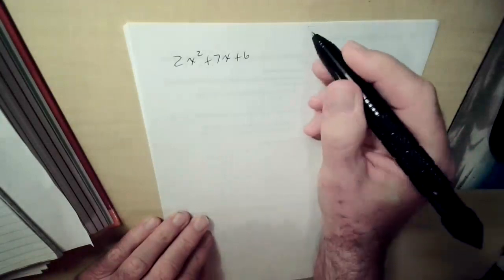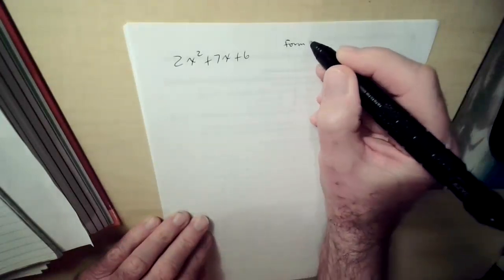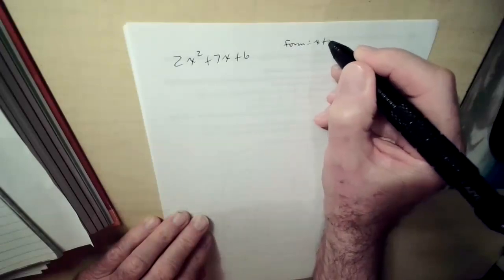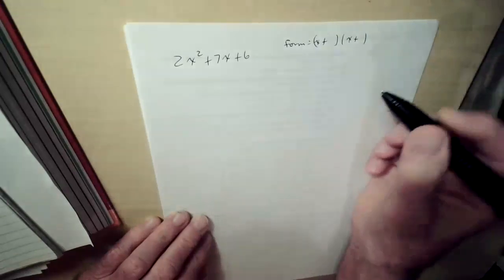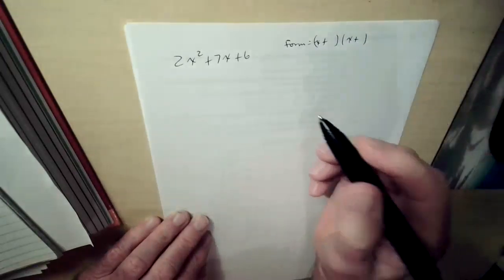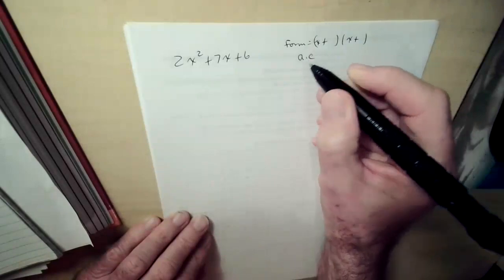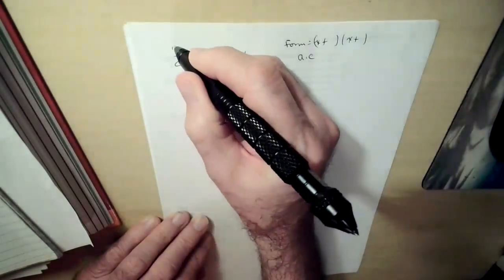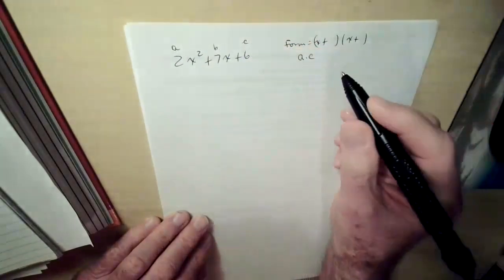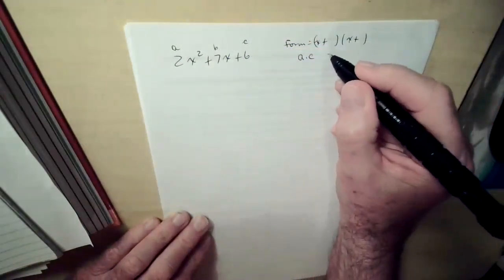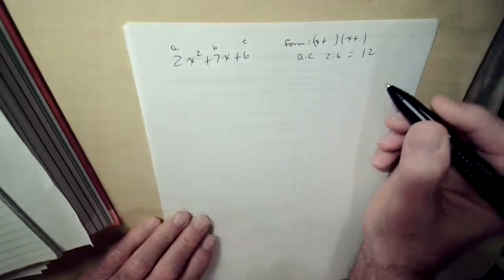Now all the terms in here are positive, so it's going to be in the form x plus a number and x plus a number. Now remember, the first thing we do is multiply A times C. This is A, B, and C. So A times C is 2 times 6, which is 12.